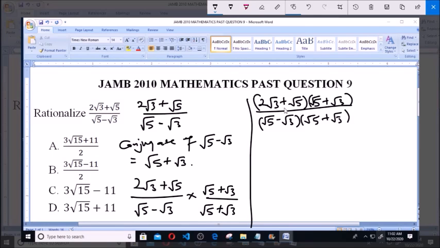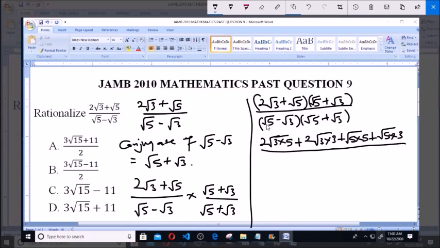Now opening these brackets, we'll have that 2 root 3 multiplied by root 5 will give us 2 root 3 multiplied by 5, plus 2 root 3 multiplied by root 3 will give us 2 root 3 multiplied by 3, plus root 5 multiplied by root 5 will give us root 5 times 5, plus root 5 multiplied by root 3 will give us root 5 times 3, all over root 5 multiplied by root 5 will give us root 5 multiplied by 5.